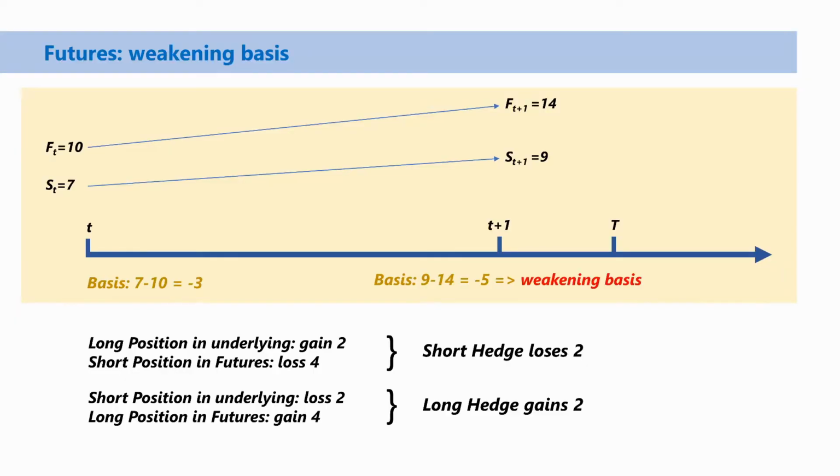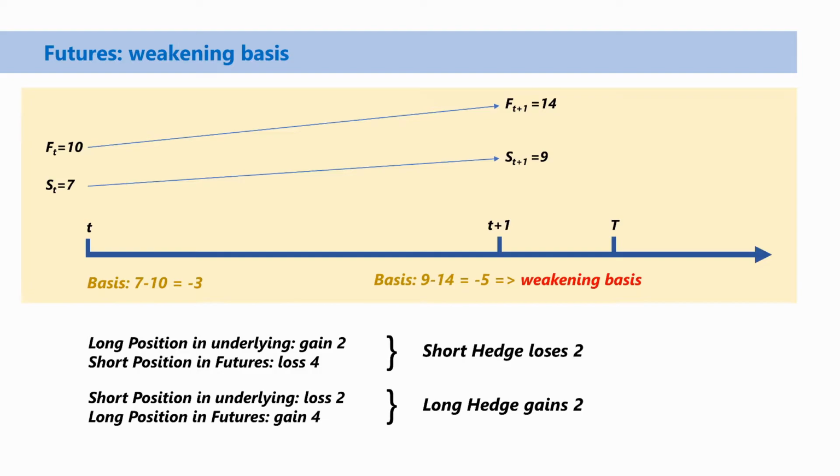At time t, the spot price is 7. And the futures price, F_t, for delivery in time capital T, is 10. The basis is therefore -3. It's 7 minus 10. Let's assume that at time t+1, the spot price has increased by 2, and the futures price for delivery in T has increased by 4.